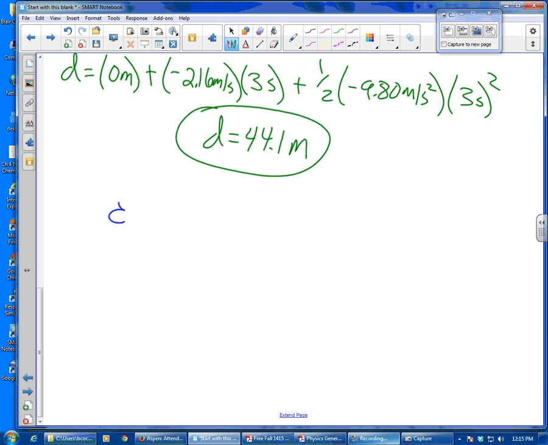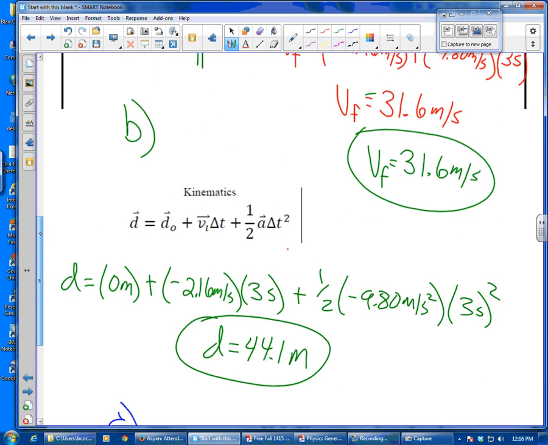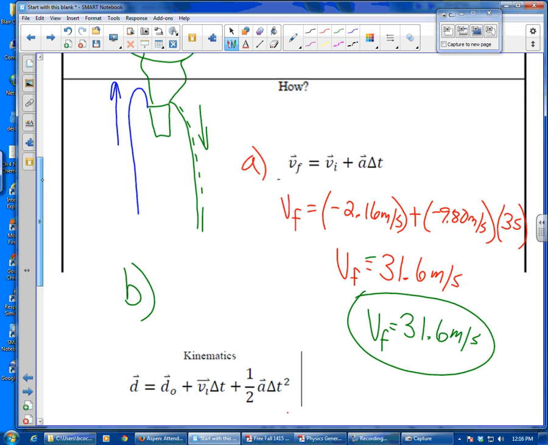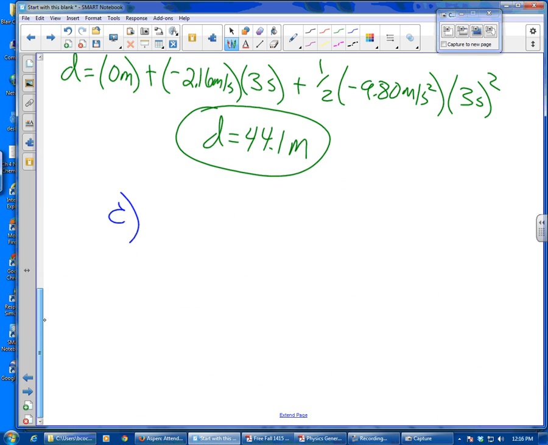In part C, they say, what if the balloon is now rising steadily at 2.16? So in part C, I'm going to use the same equation as I used for part B, but this time it's going to be going up. If you remember from part A, V final equals V initial plus AT.